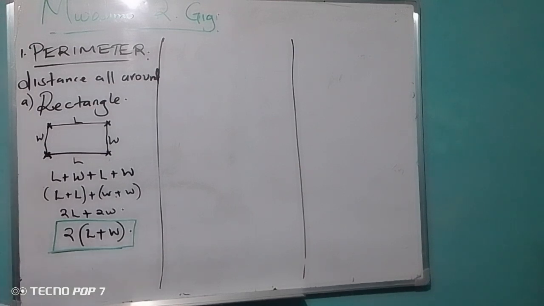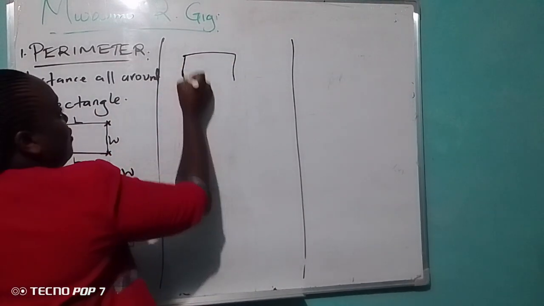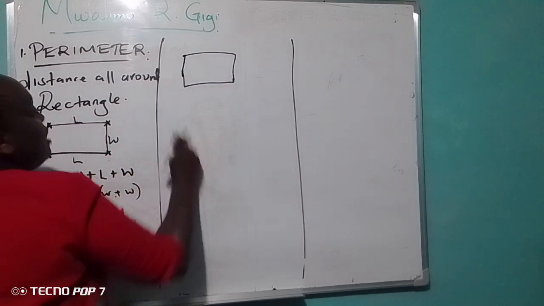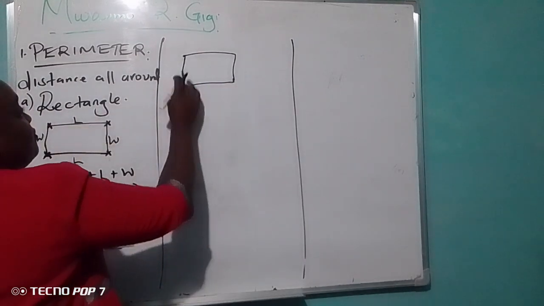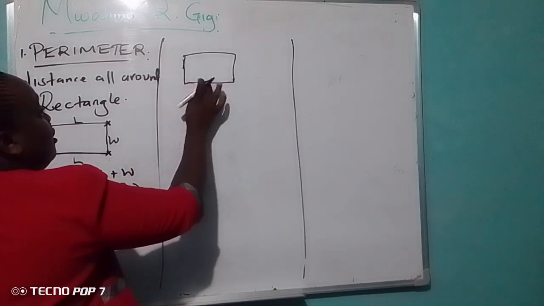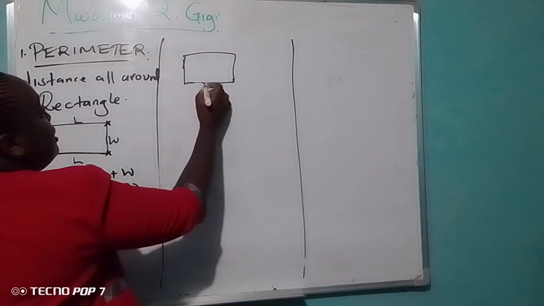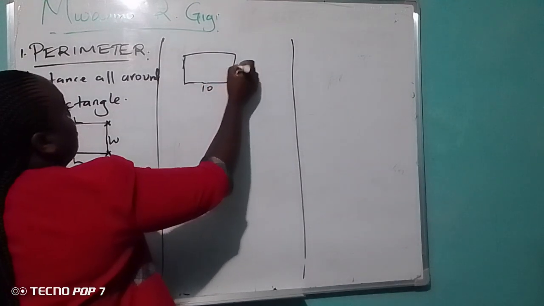So for example, tutakuwa tunafanya ma example hapa ndio watu tupatane kwa urahisi, si ndio? So wakwambie find the perimeter of this. Let's say that is 10 and we have 6.